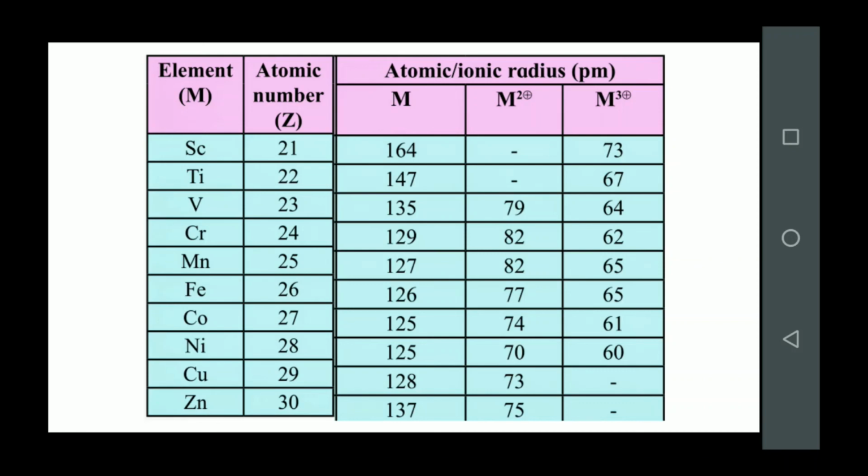So whenever the oxidation state of a metal increases, the ionic radius is going to decrease, and the reason is the increase in effective nuclear charge. Understood?